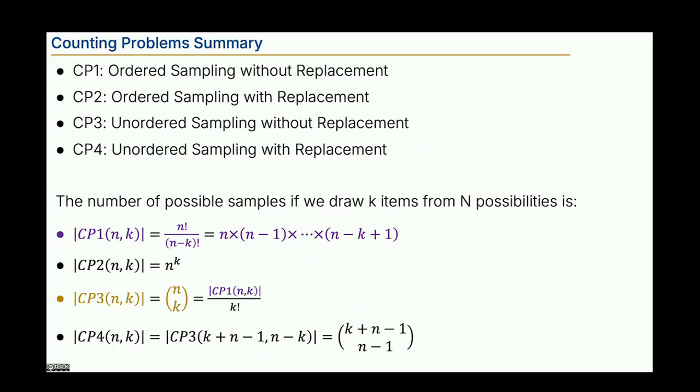Okay. So if we were to summarize those 4 different problems, what we found is that counting problem 4 really is just counting problem 3 in disguise, right? So if I'm drawing different letters from a bag of letters, that's really the same thing as drawing separators. That's what I'm saying here. And the way I map from n and k in CP4 land to n and k in CP3 land are those expressions that you just derived.